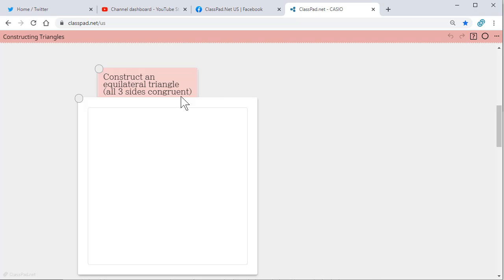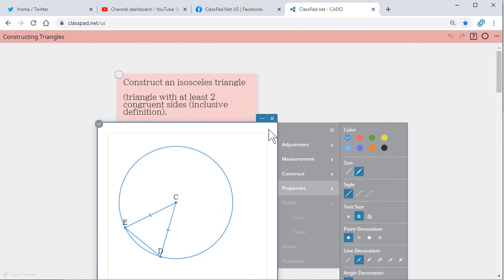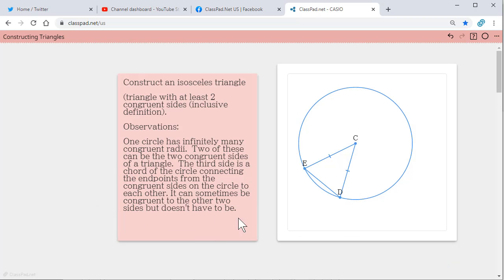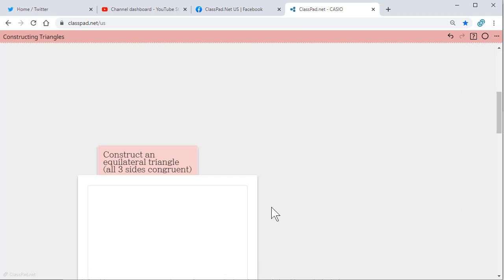Let's scroll down to this next one, and before I forget, I was hiding my observations here, so this is sort of what we'd want students to understand, is that because it has infinitely many congruent radii, and they're all congruent, as long as I use any two of them and connect their points on the circle with another straight edge segment, then I have an isosceles triangle.